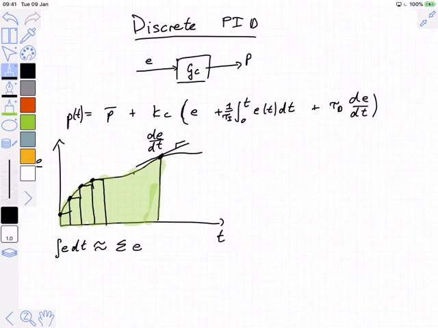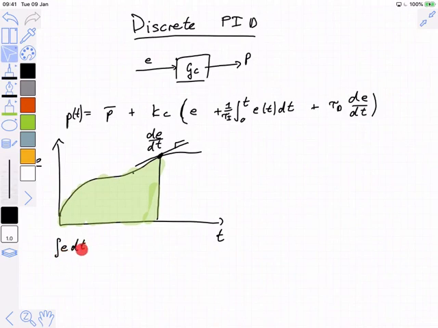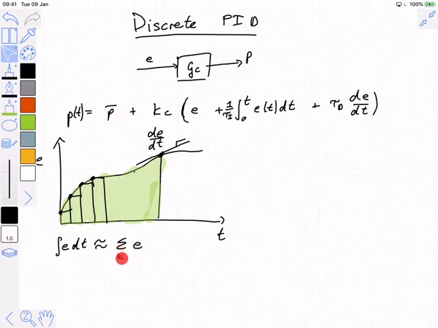But the basic idea is that I'm going from continuous time, where dt takes all of those infinitesimal values of time, to a discrete time where now I'm going over k. You can explain this to yourself in a number of different ways.